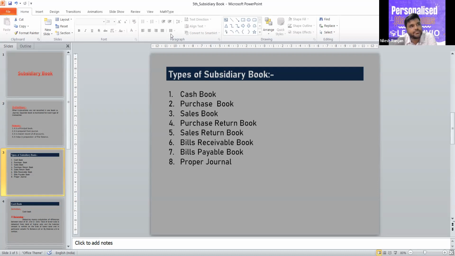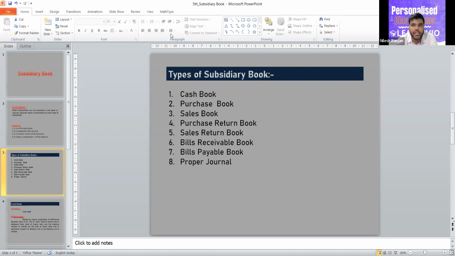But in a subsidiary book, one entry will go in any one of these books, not two books. If one entry is going to the cash book, then it will not be written in any of the other 7 books.